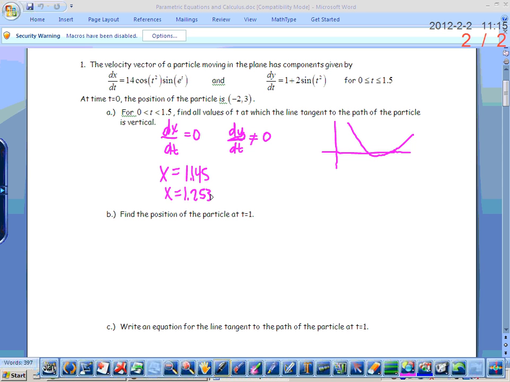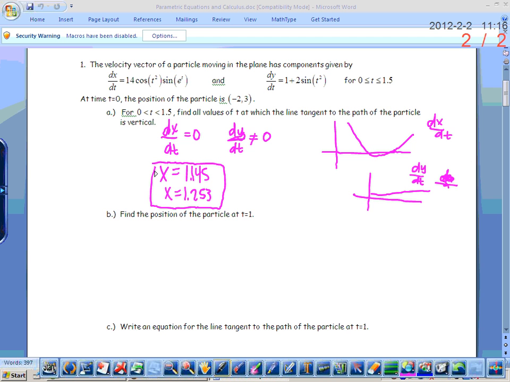Because if you graph dy/dt between 0 and 1.5, so that was dx/dt, dy/dt actually looks kind of like this. Ooh, okay, I've kind of made a mistake in my notation here.